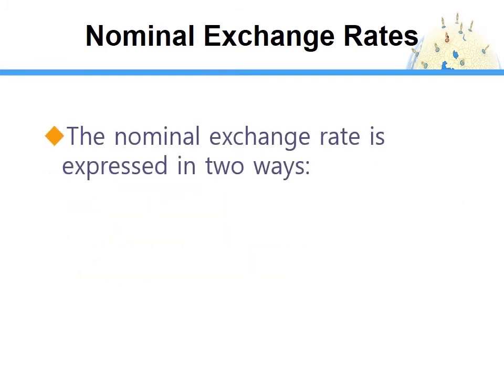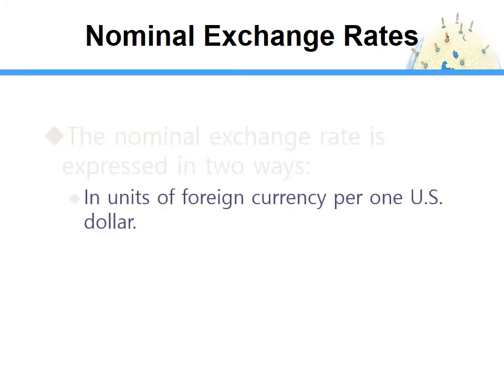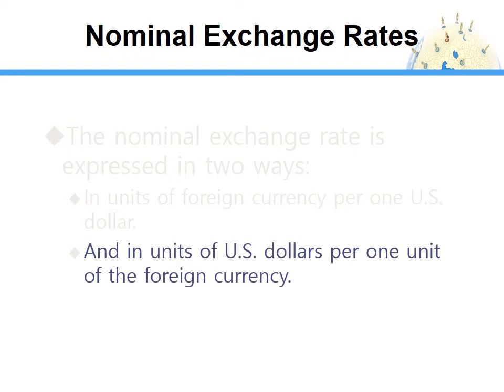The nominal exchange rate is expressed in two ways. The first one is in units of foreign currency per 1 United States dollar, and the second one is in units of United States dollars per 1 unit of the foreign currency.